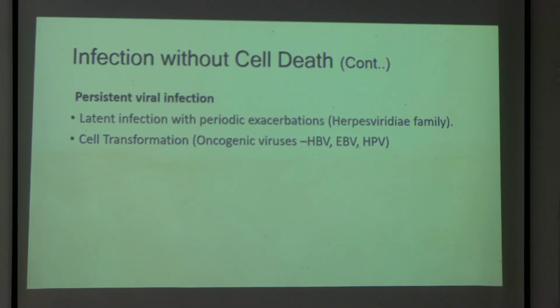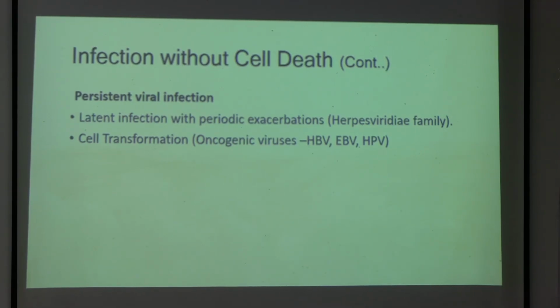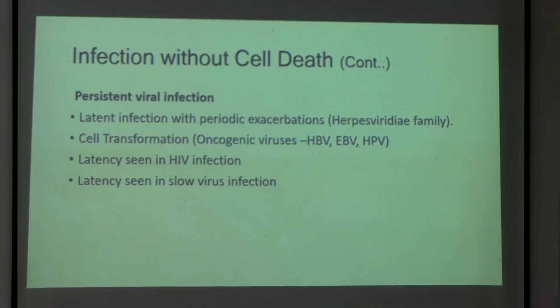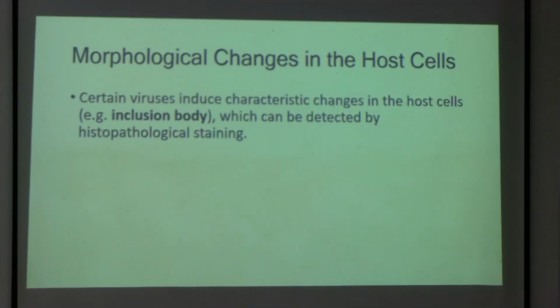Oncogenic means cancer. So because of the transformation of the host cell, they induce cancer in the human body. Clear? Then latency can be seen in HIV patients, and another thing called slow virus infection. We will cover it later, okay?